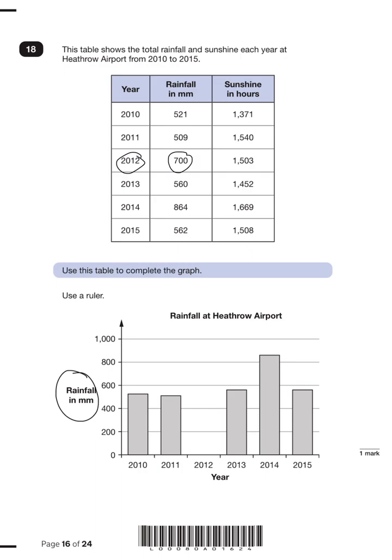So I need 700 on the graph. I can see 600 here, 800 here, 700 is in the middle of those two. So it will be somewhere here. And then I need to come down to 2012 on both sides. So that is 700 in 2012. And use a ruler when you're doing that, please.